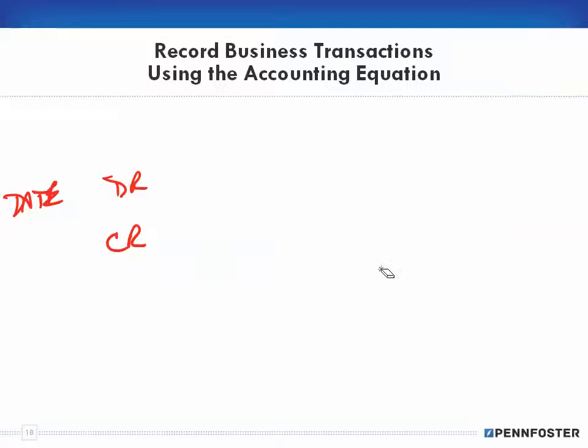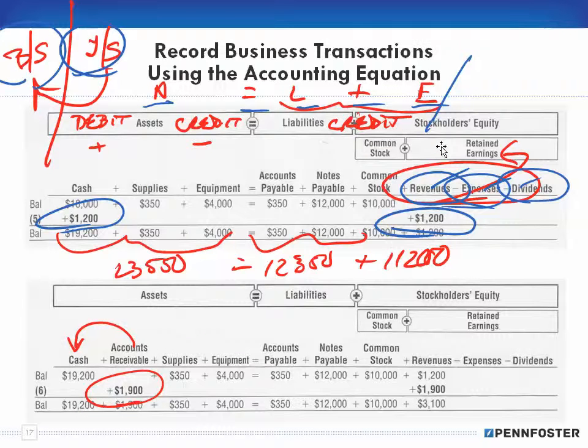So in this case, my accounts receivable is going up, so I'm going to debit my accounts receivable by $1,900, because my accounts receivable was zero before, and now it went up to $1,900. Since accounts receivable is an asset, and I increase my assets on the debit side, I debit accounts receivable.